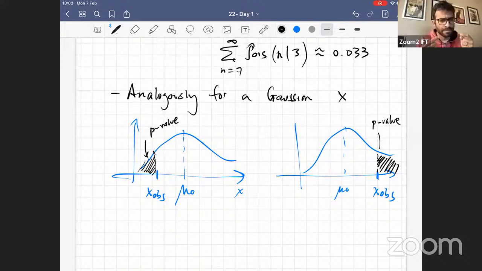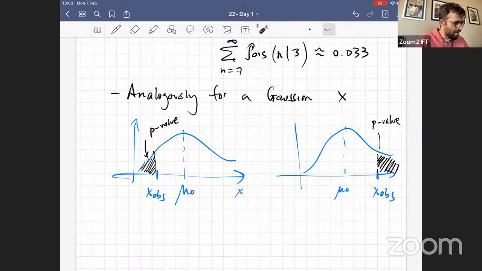So you put your mu0, and if it is a Gaussian, you will have a Gaussian centered on the mu0 that you have chosen as your null hypothesis. Then you look at the data a posteriori. What is the data telling you? Is it larger or smaller than mu0?